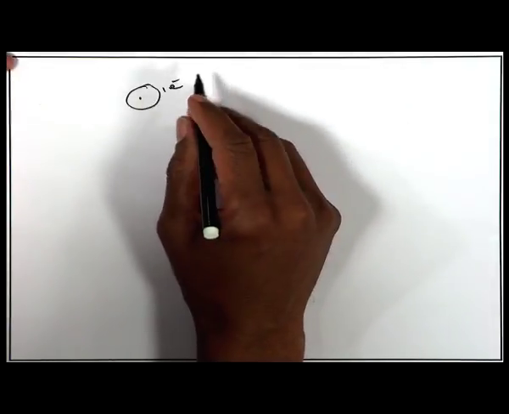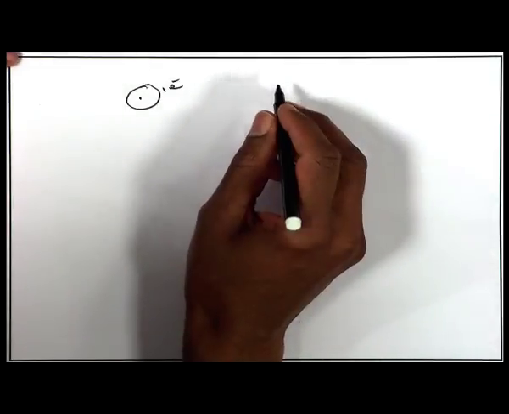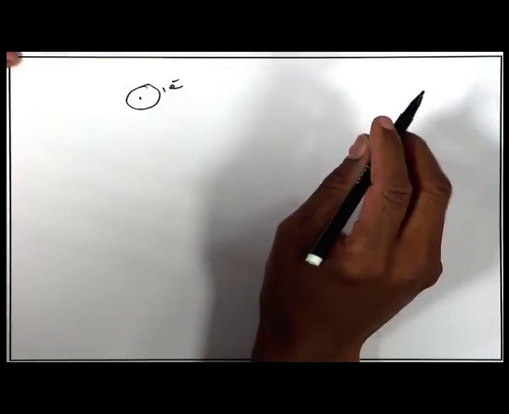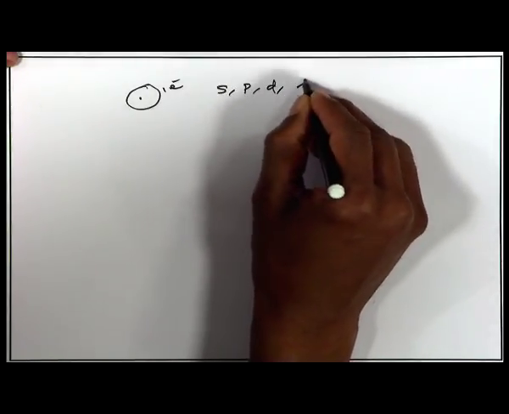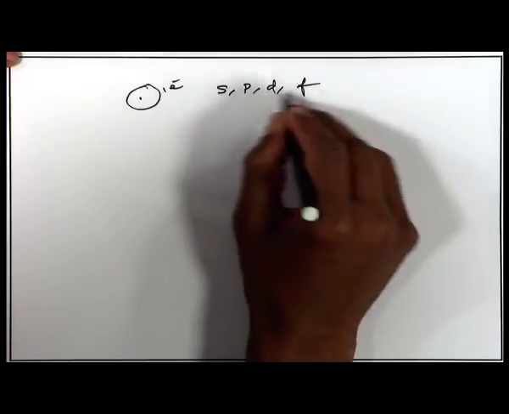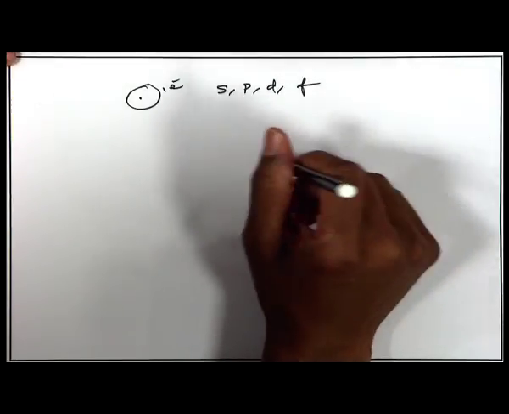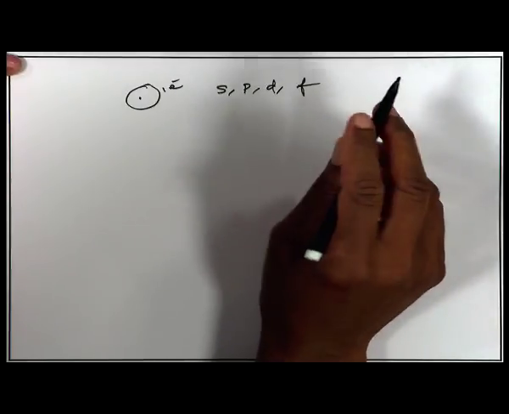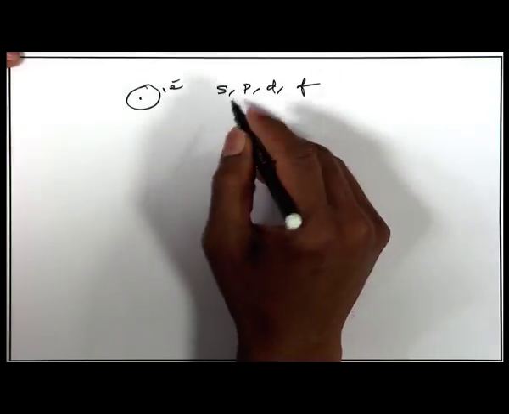For that, the Schrodinger equation was solved exactly and we got energy levels. So, you got s orbital, p orbital, d orbital, f orbital. These orbitals are nothing but wave functions, or mathematical functions, because in wave mechanics the electron is treated as a wave.